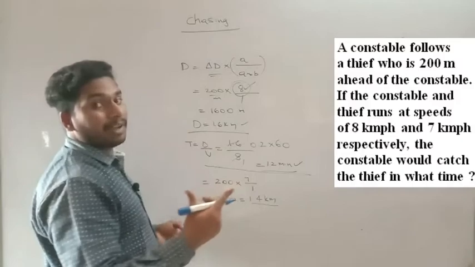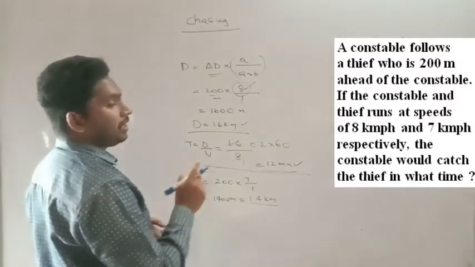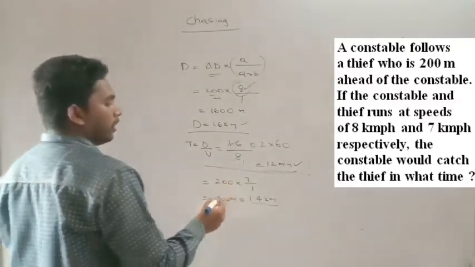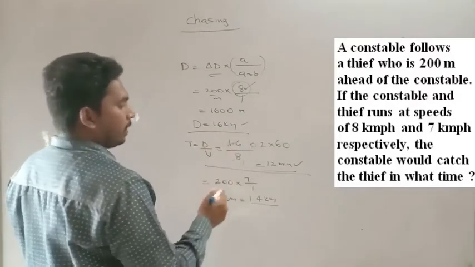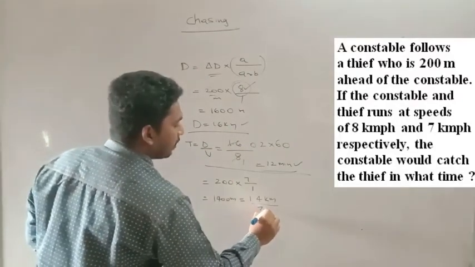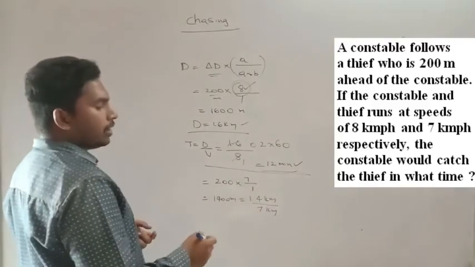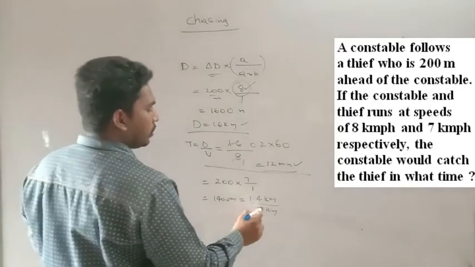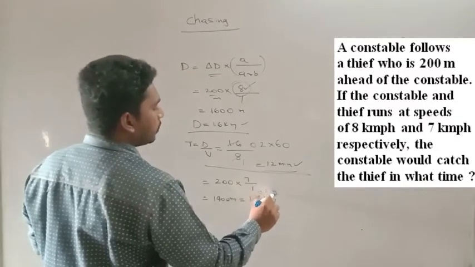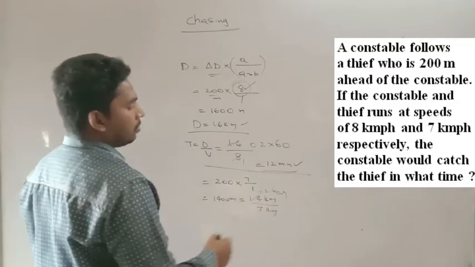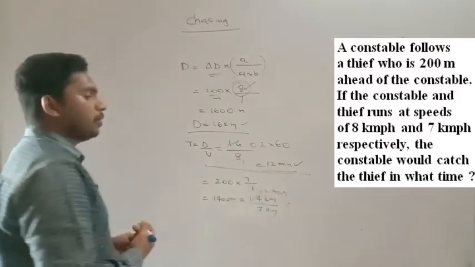And what is the speed of the thief? That is 7 kilometers per hour, right? So this divided by 7 kilometers per hour will give you the time. So this will again be 0.2 hours. If you convert that into minutes, that will be 12 minutes again.